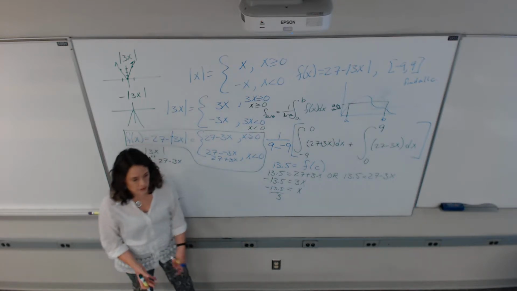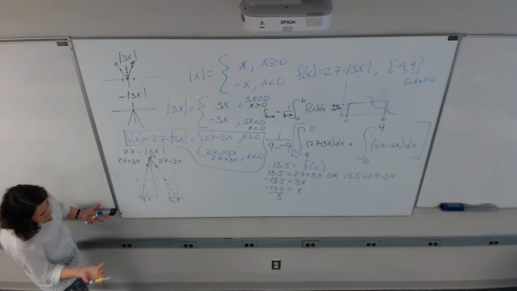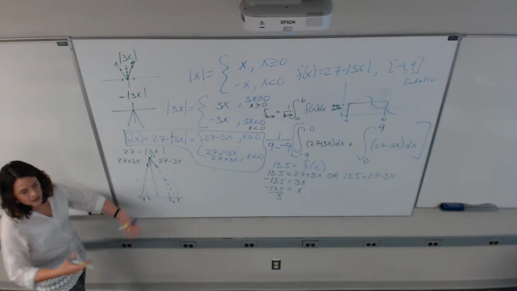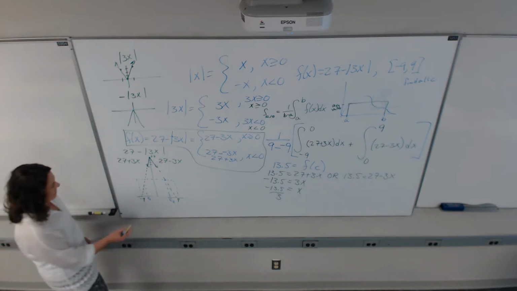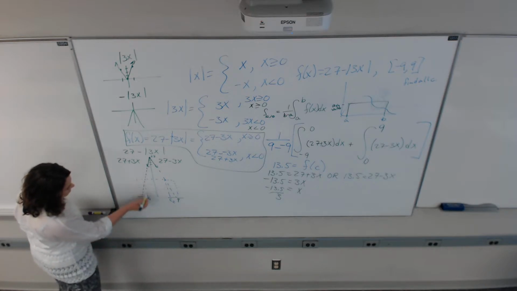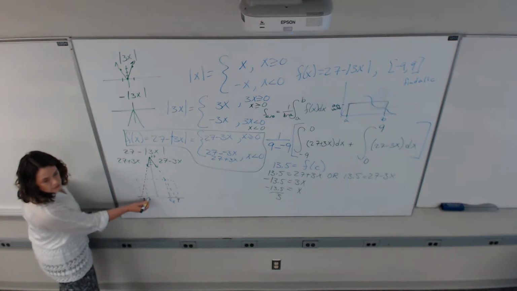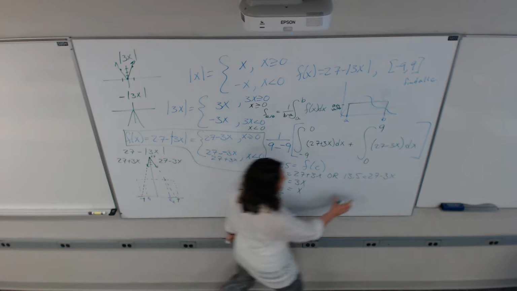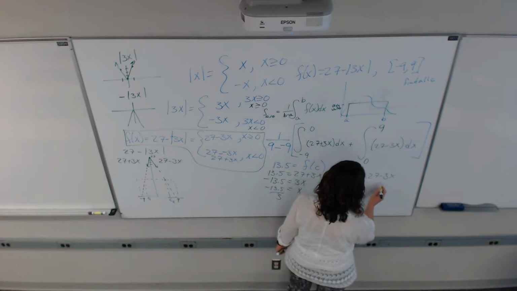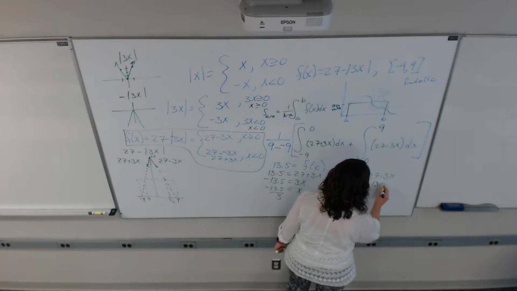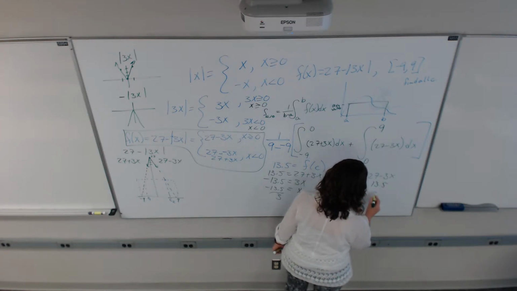I don't know what that is. 4.4-ish or something like that, 4.5, which, okay, yeah, I'll buy that. Maybe about halfway. And this one is going to be, I'm going to move the 3x, and that will give me 13.5. It's the same value on the other side.